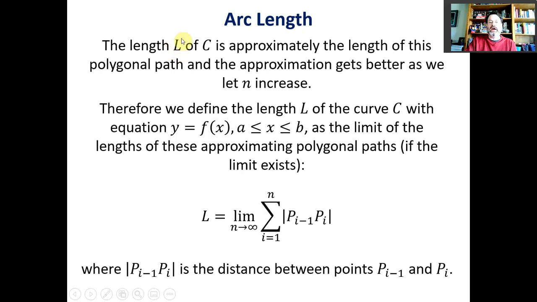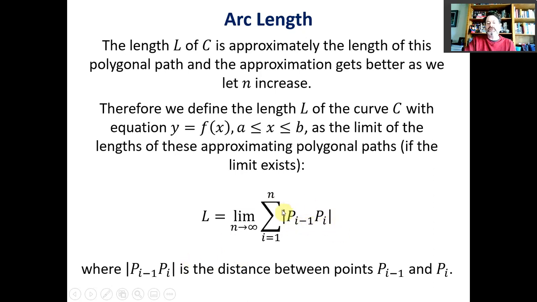The length is L, that's the curve, so that's what we're trying to find. It's approximately the length of the polygon path, and it gets better as n increases. So we define the length of the curve as the limit as n goes to infinity of these polygonal paths. How to read this notation?